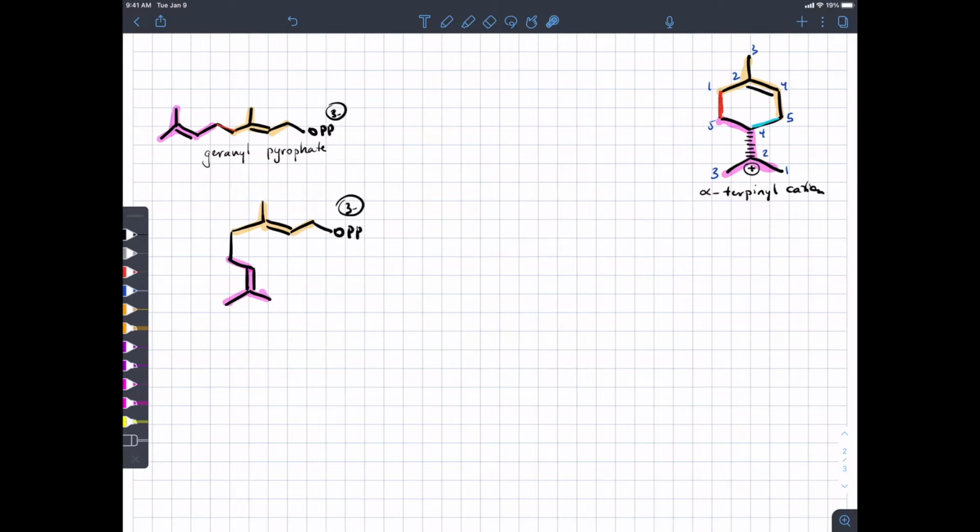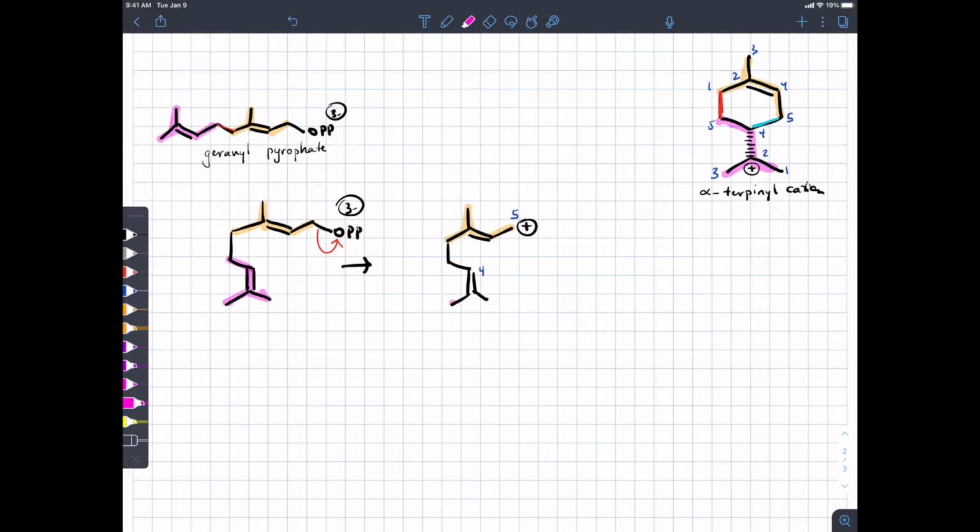We need first for the leaving group to leave so that we can get a carbocation. And then remember I said we want to make a connection between pink 4 and orange 5.